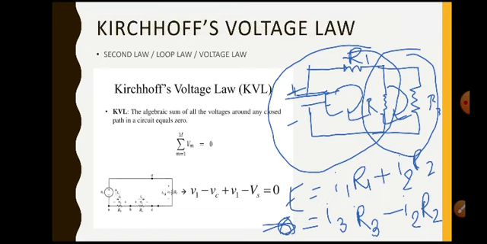If you are taking clockwise, all the voltages moving in the clockwise direction are taken as plus, and those moving opposite are taken as negative. So I3 is moving in the clockwise direction, and I2 is moving anti-clockwise, so it is taken as a minus. This is the fundamental rule we have to follow while giving the signs.